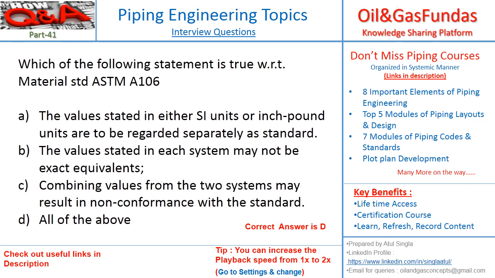This statement is also true. Combining values from two systems may result in non-conformance with the standard. This is also correct. As in statement B, these are not exact equivalents, so we cannot combine these two. These may cause non-conformance. So all these three statements are correct related to units.